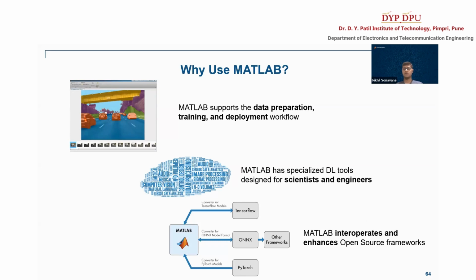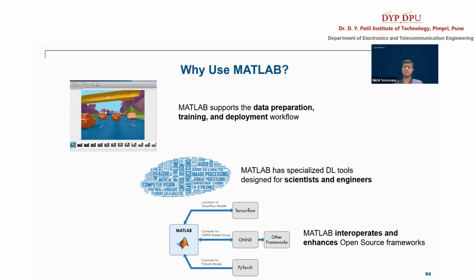It can be a scenario where you have a network in PyTorch or TensorFlow and you bring that network to MATLAB, do some post processing like signal processing in MATLAB, and then take it back to TensorFlow or PyTorch.